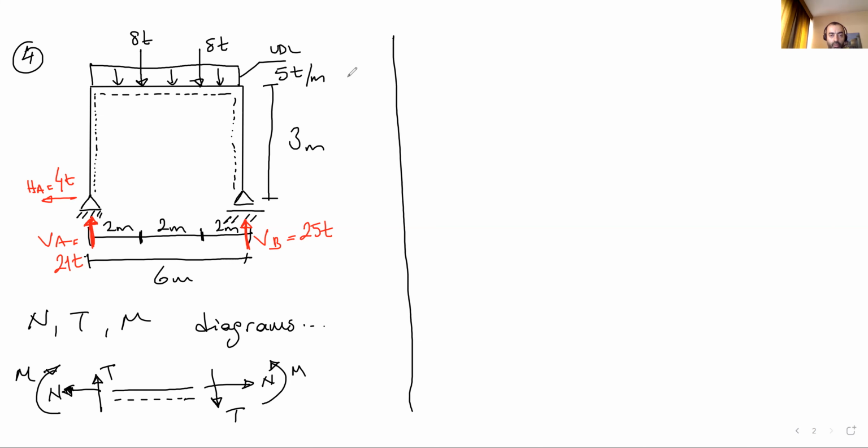Now we are going to do the axial force diagram. Okay. So here, what is the axial force? So at the end of the day, I'm gonna make some calculations here.